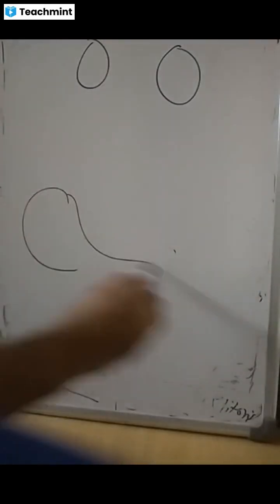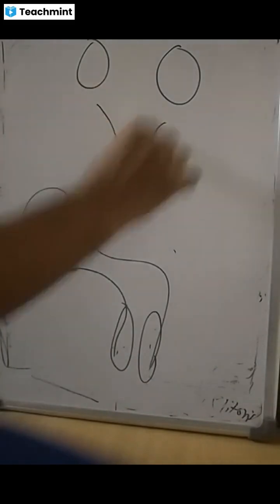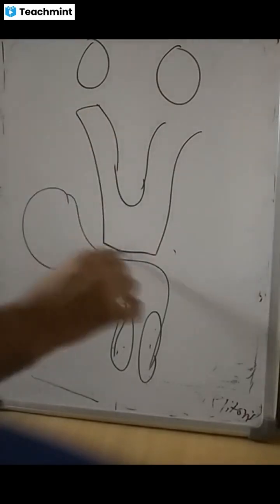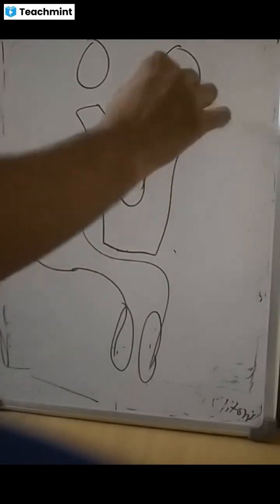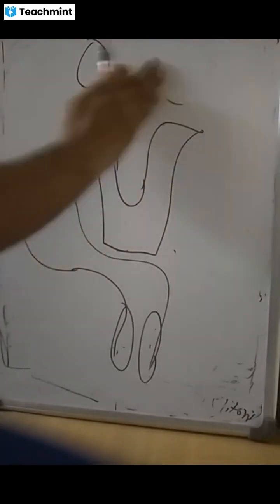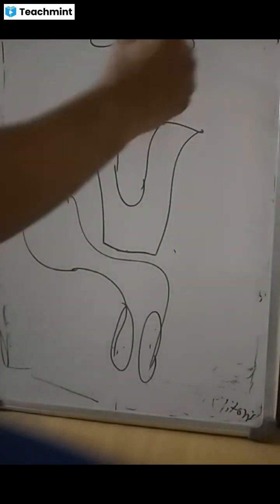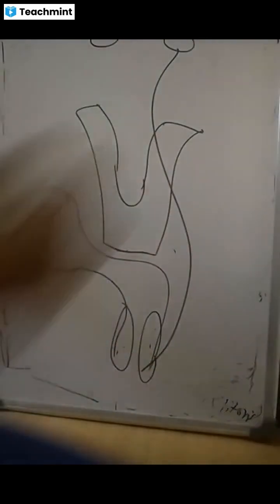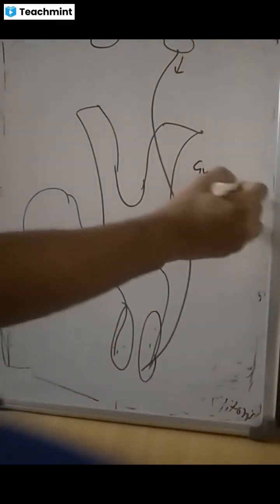If we see, these are the ovary and uterus. The gubernaculum will guide the ovaries.